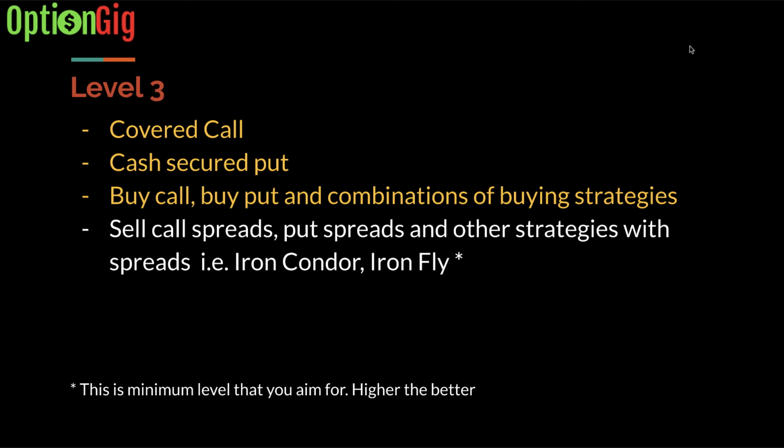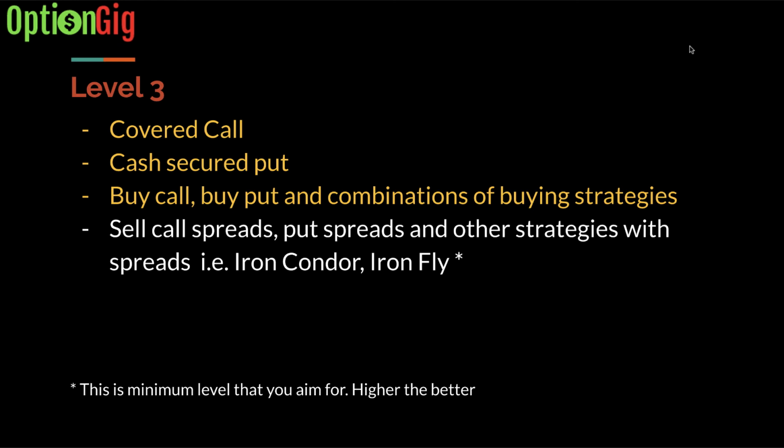In my opinion, you should not rest until you get level 3 enabled in your account. This is the minimum level that you should aim for if you want to trade options long term. And you may not get this level approval in your first call with your broker, but don't give up.